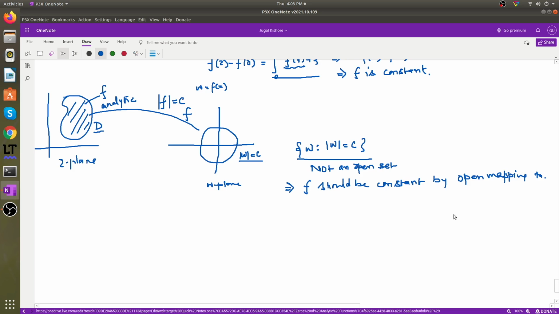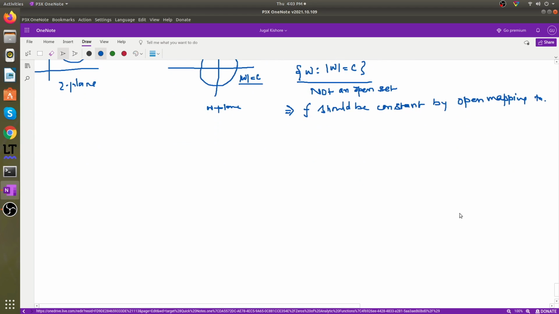Now we are going to prove this open mapping theorem, and to prove it, we will use Rouche's theorem. So we are giving the proof of this open mapping theorem.